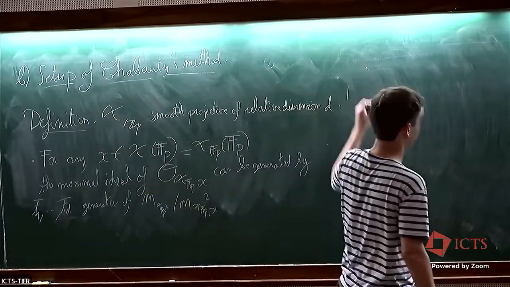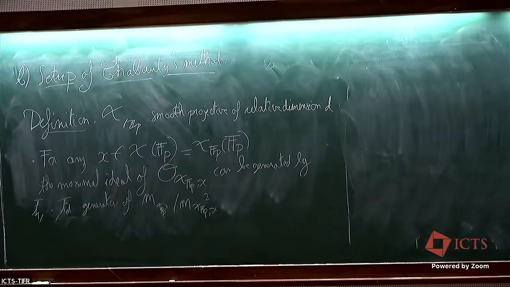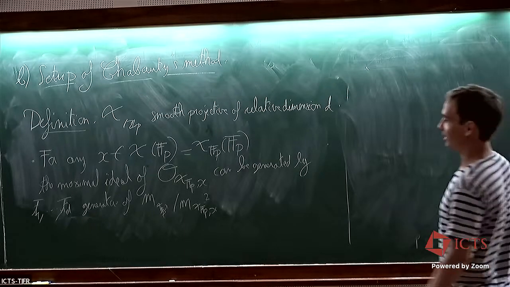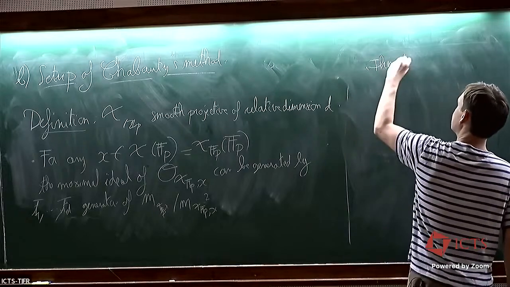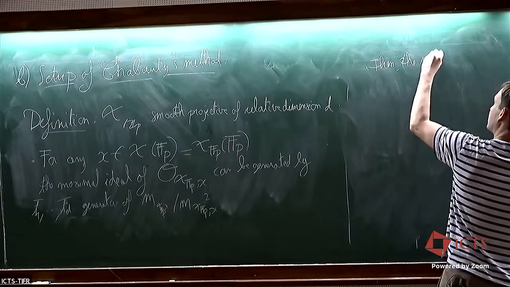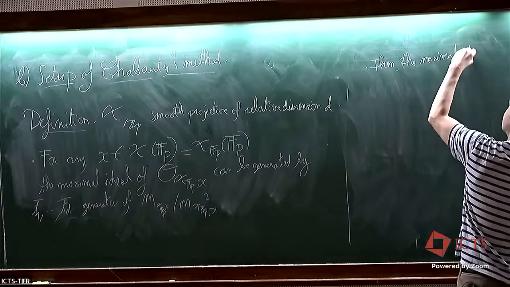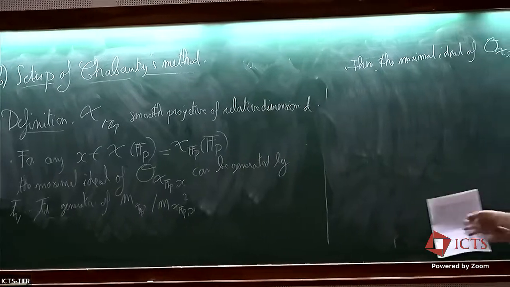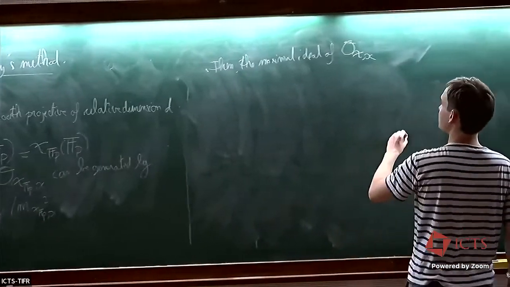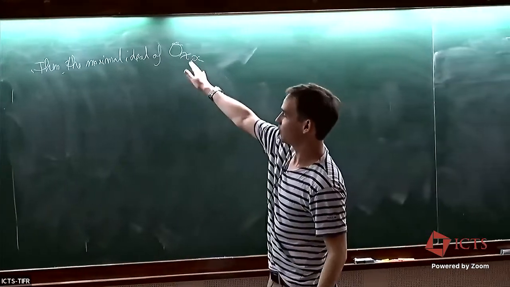And now, once I've done that, if I start with this, it extends to everything I want. What does it mean, everything I want? It means the maximal ideal of O_{X,x}. So now I'm not looking at the fiber itself, I'm looking at the whole space, so it's not something over F_p.